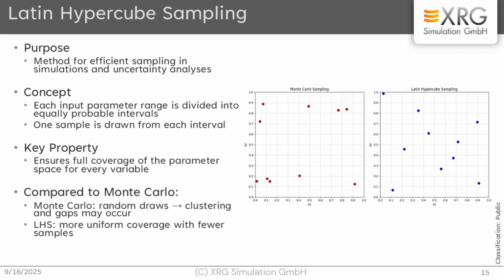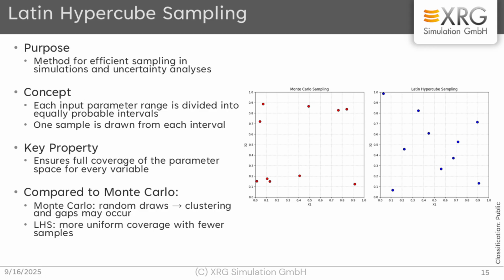If you don't know what Latin hypercube sampling is, I've used this word before, it's a method to sample data in a specific way. The concept is that we have our parameter ranges, divided into our sample numbers, and then we can equally place points so that we have in each row and each column one data point.